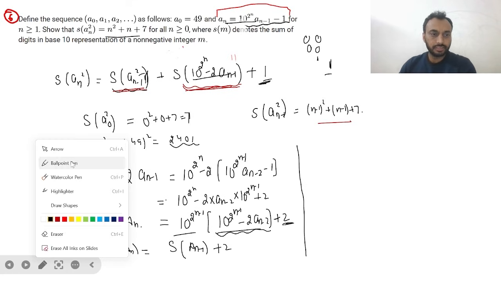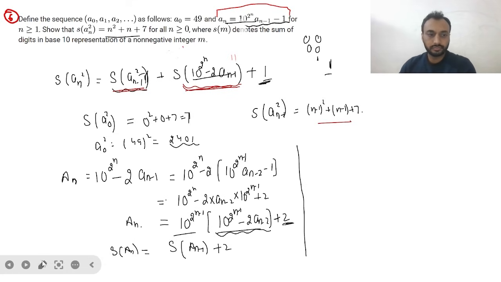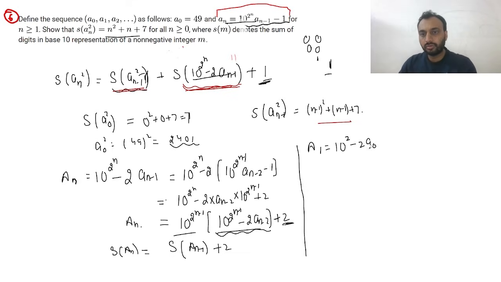For the first term, that is A_1, which is 10^2 minus 2 a_0, that is 2. So S(A_1) is also 2, right? So S(A_1) is 2, so we can say that S(A_n) is 2n.